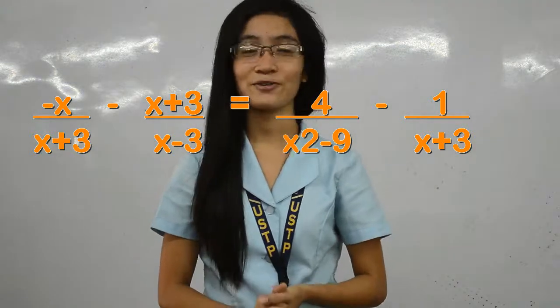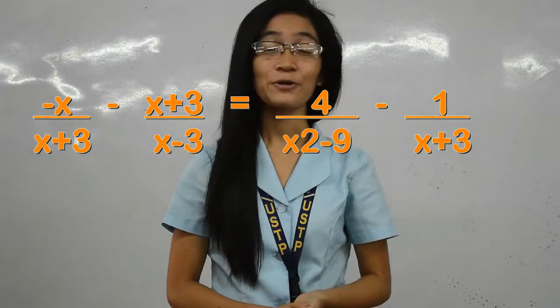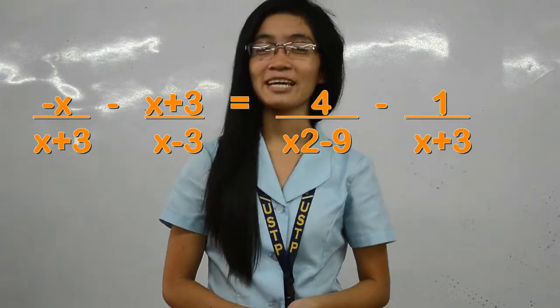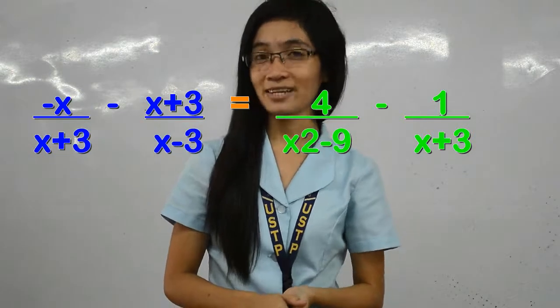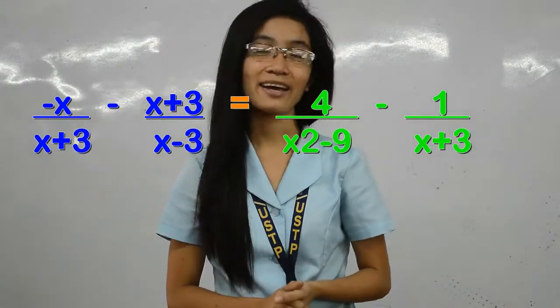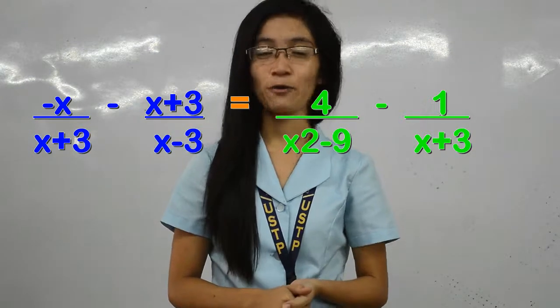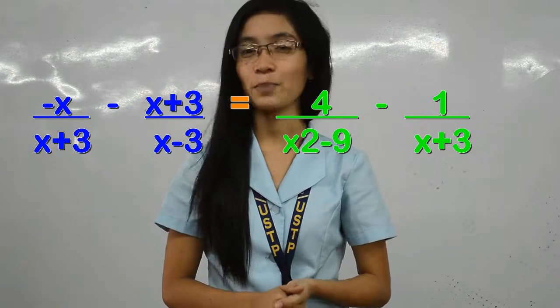Can you see rational expressions being involved in this equation? Of course. In fact, we have two rational expressions here: negative x over x plus 3 minus x over x minus 3, and negative 4 over x squared minus 9 minus 1 over x plus 3.